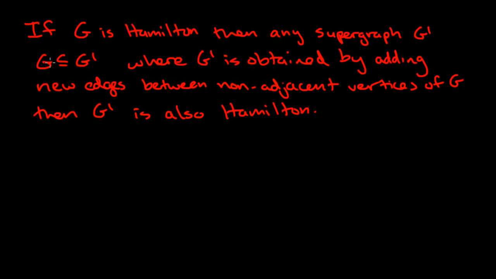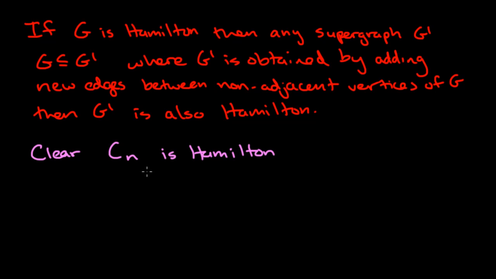So we can actually use this observation to show something useful. It should be very clear that the cycle on n vertices is Hamiltonian. That should be straightforward because to find a Hamilton cycle, well, it already is a Hamilton cycle. It's a cycle that goes through all of its vertices.